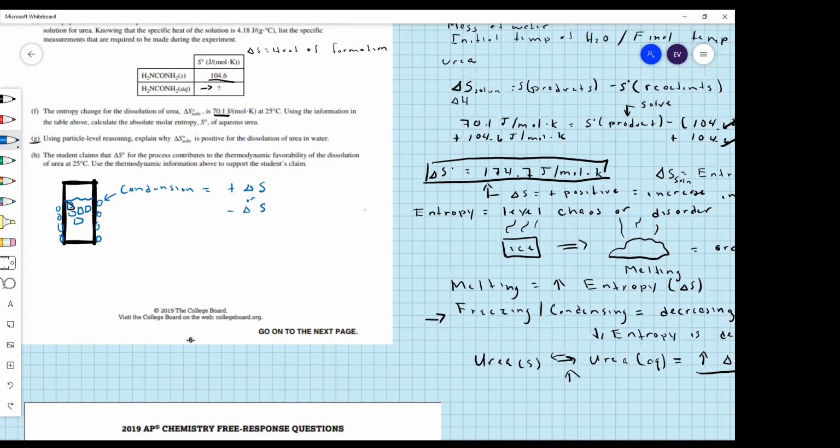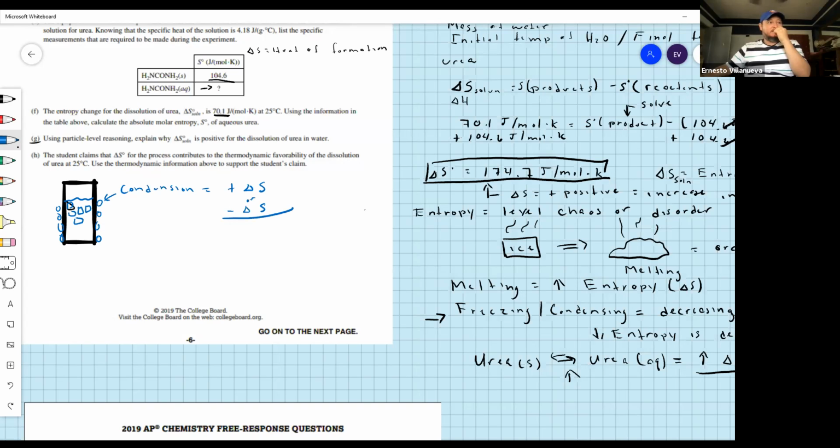Negative. It would be a negative. Exactly. That would be a negative entropy.